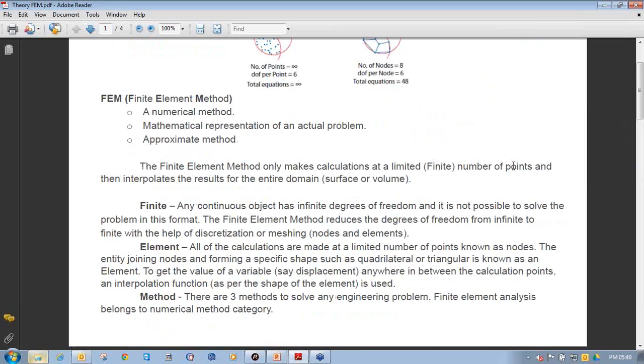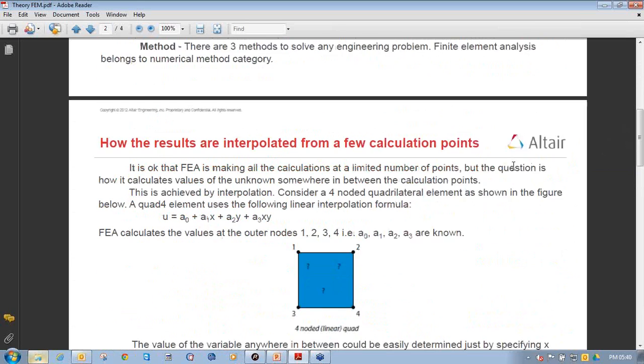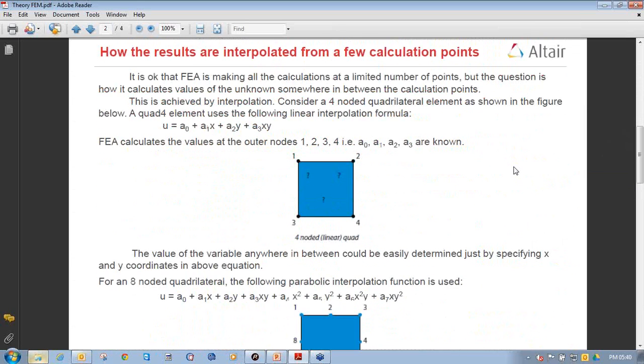Then we move towards the next topic, that is how the results are interpolated from a few calculation points. So it is okay that FEA is making all the calculations at a limited number of points, but the question is how it calculates the value of the unknown somewhere in between the calculation points. This is achieved by interpolation.